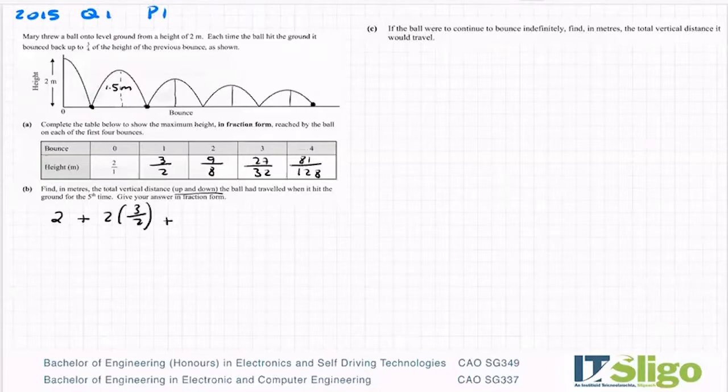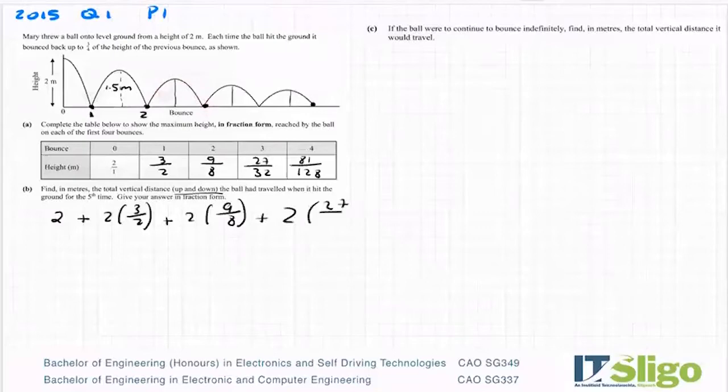It hits the ground for the 5th time, so 1, 2. So this is the 3rd hit, so it's going up 9/8, down 9/8. Plus twice 27/32, plus twice 81/128. Okay, so put that into your calculator.